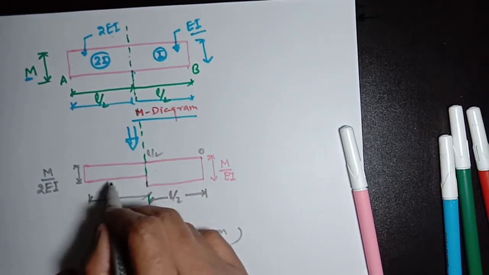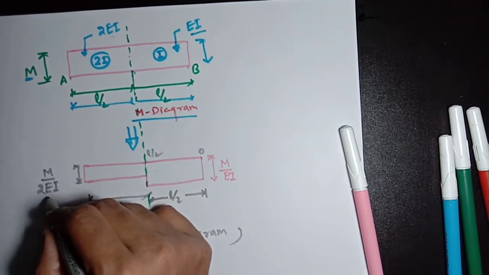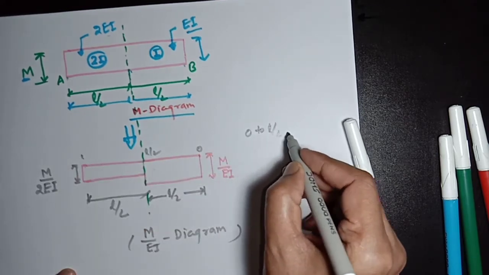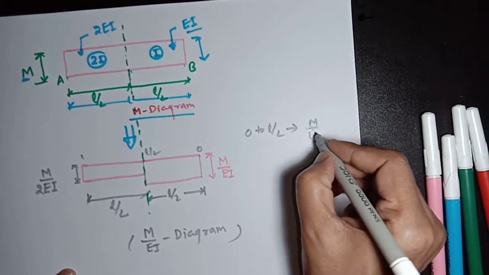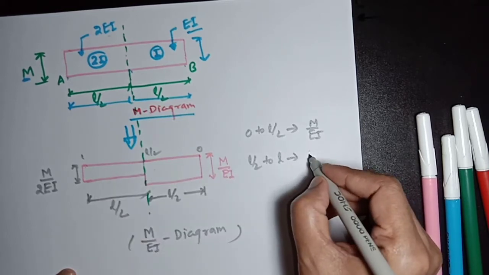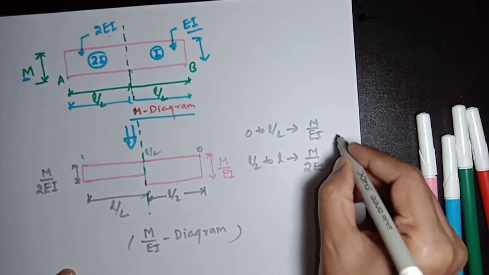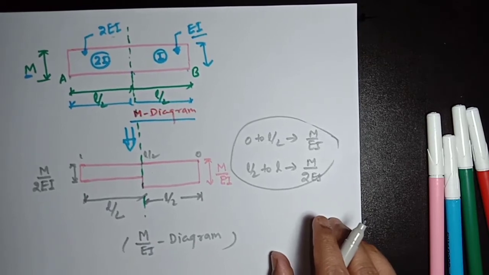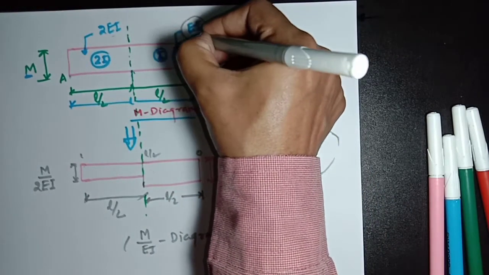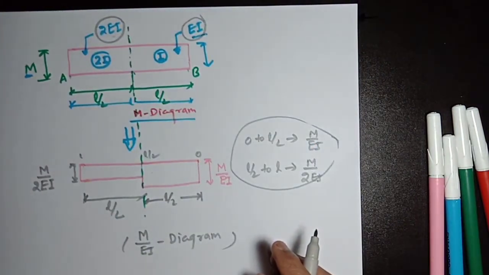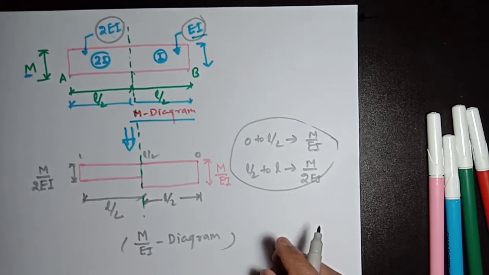Then there is a sharp reduction to M over twice EI from L by 2 to L. So from L by 2 to L, its y coordinate becomes M over twice EI, because for drawing the M over EI diagram, every y coordinate is divided by the flexural rigidity. If the moment of inertia is given, it is multiplied with the elasticity to get the flexural rigidity, which is constant for any structural member.